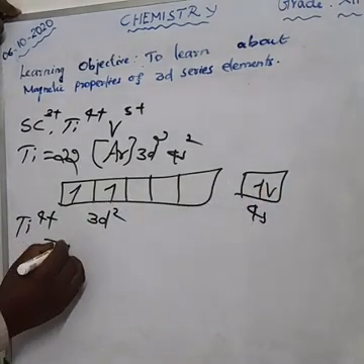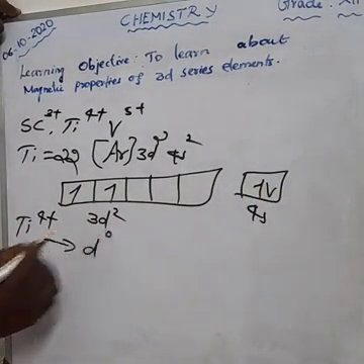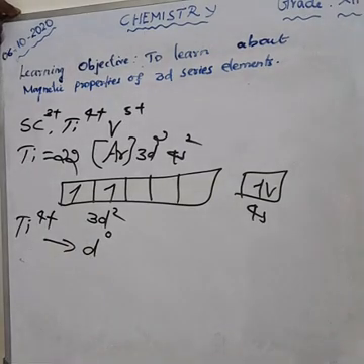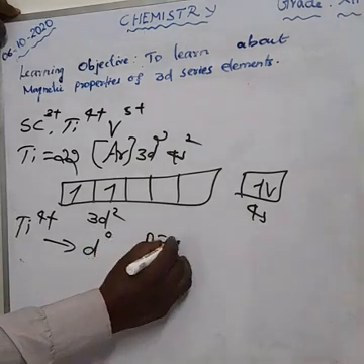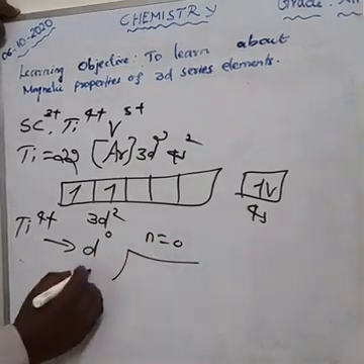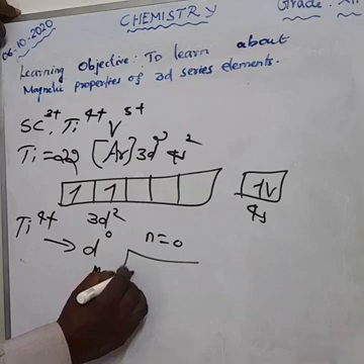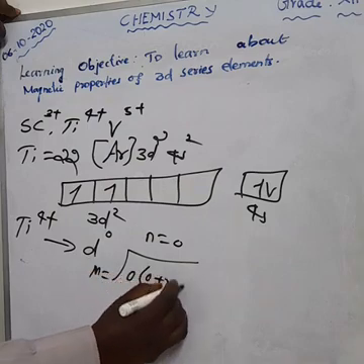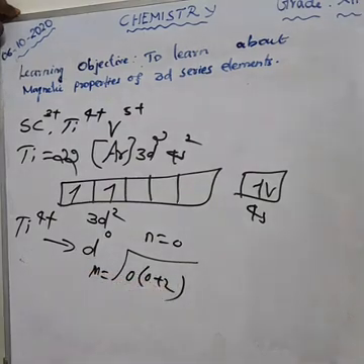So we get the d0 configuration. Clear? So the same values for mu: mu is equal to root of 0 into 0 plus 2, where n is equal to 0. That's the formula.